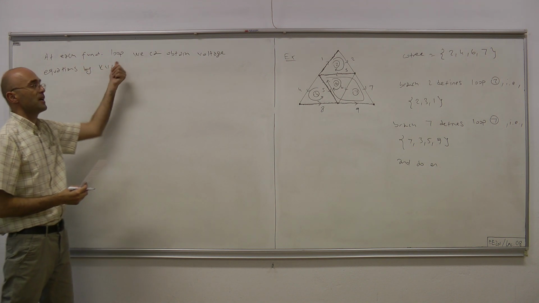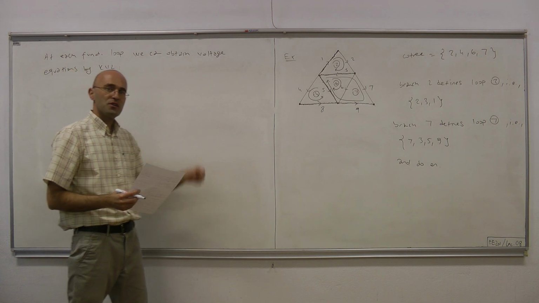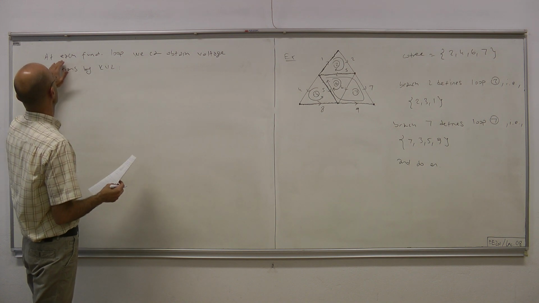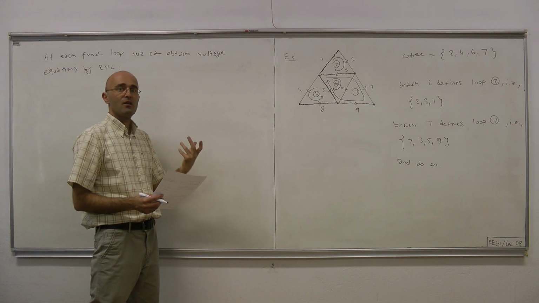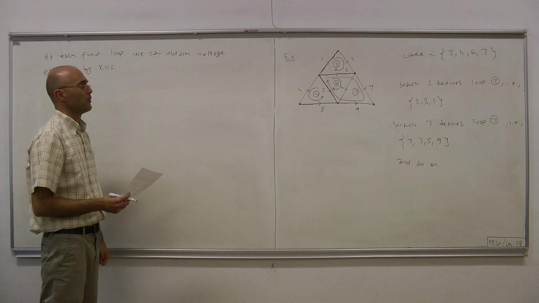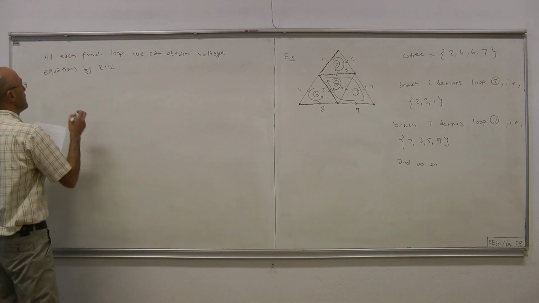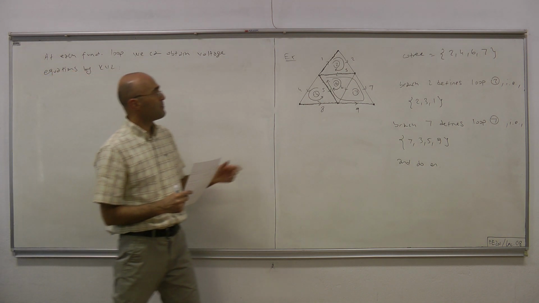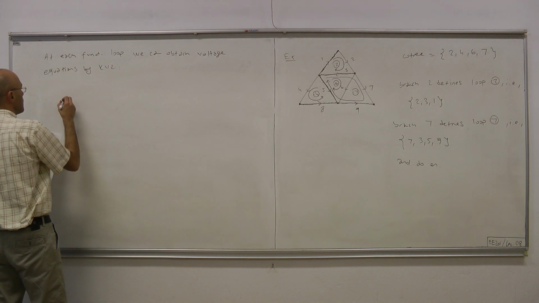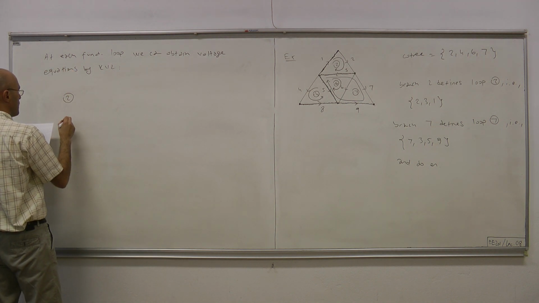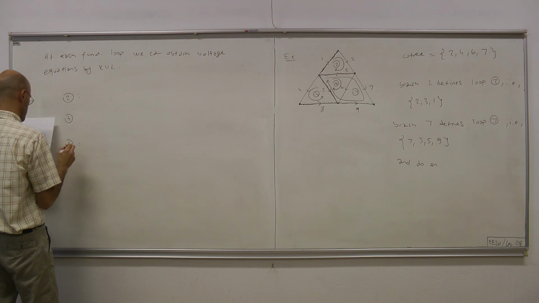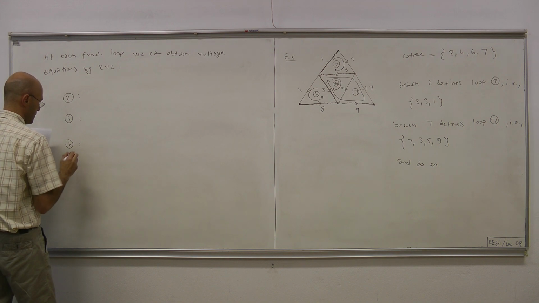Now, this sentence looks very similar to a sentence that we constructed very recently, where at each fundamental cutset we wrote current equations imposed on the circuit by KCL. So we have 4 fundamental loops, so that makes 4 voltage equations: for loop 2, for loop 4, for loop 6, and for loop 7.